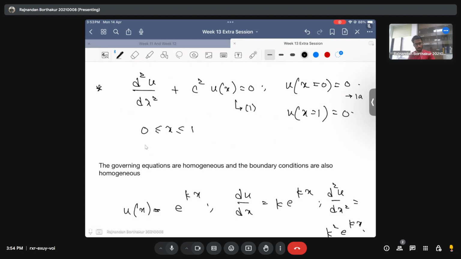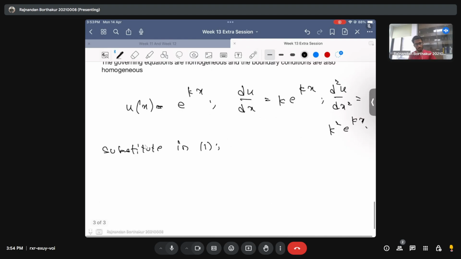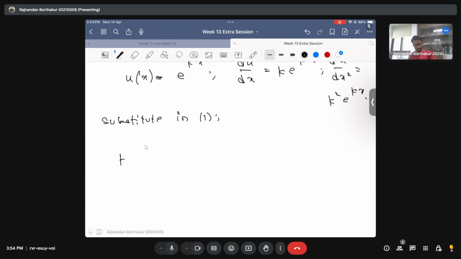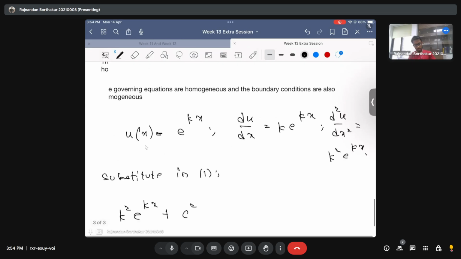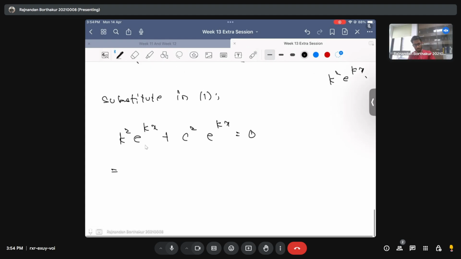Ignoring the boundary conditions 1a and 1b for now, I'll just substitute this form of u in equation 1. What I'll get is k square e power kx plus c square times u of x, which is e power kx, equal to 0, which means I have k square plus c square times e power kx equal to 0.